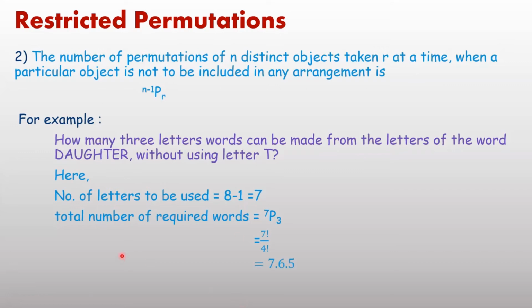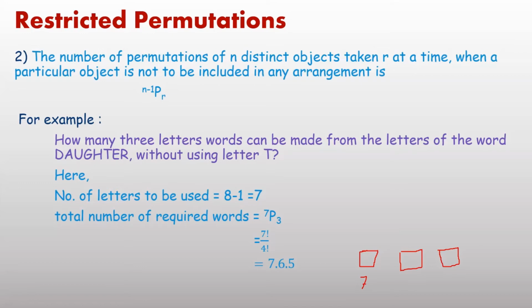Or, as a second option, you can apply the fundamental principle of counting. In this method, there were 8 letters total. T is excluded here. Therefore, there are 3 places: first place, second place and third place. You have 7 letters remaining. For the first place, you can write any one of 7 letters.